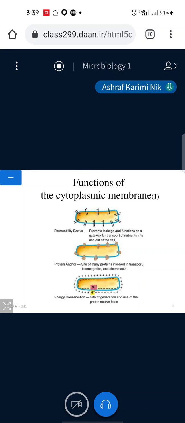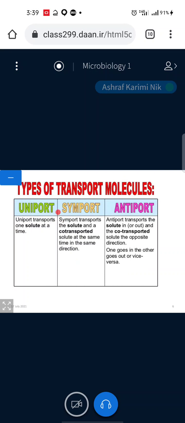There are three types of transport: uniport, symport, and antiport.